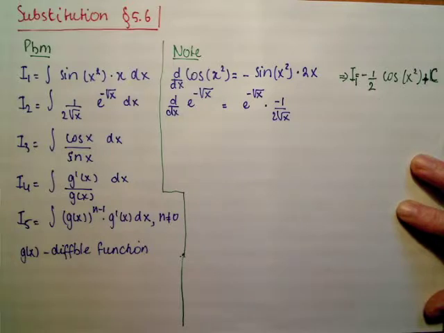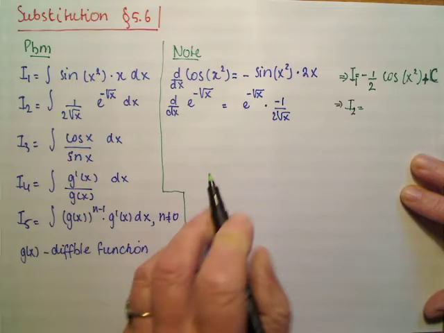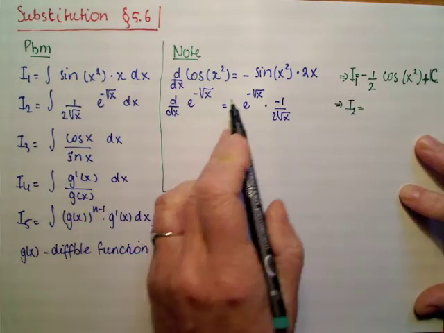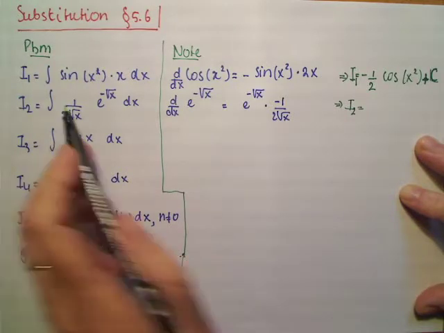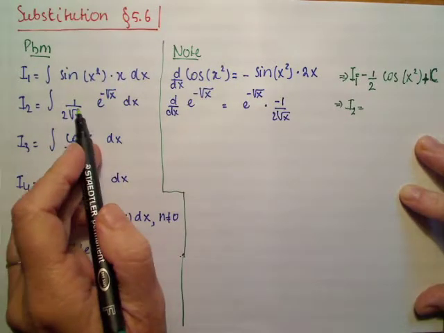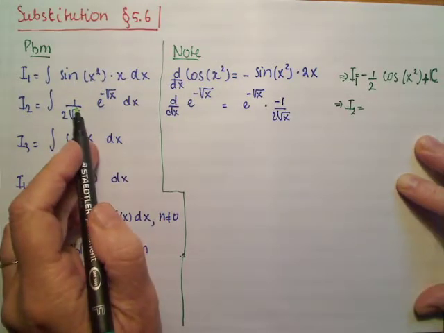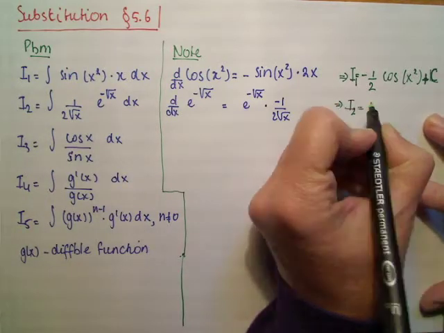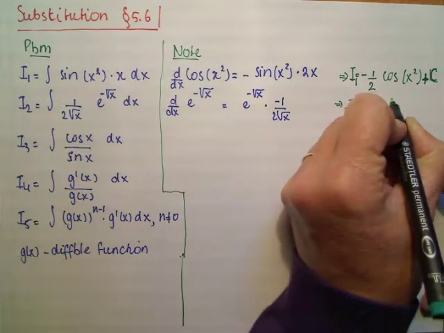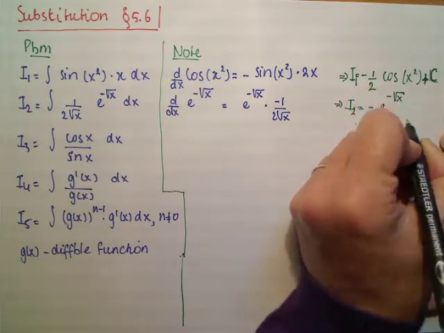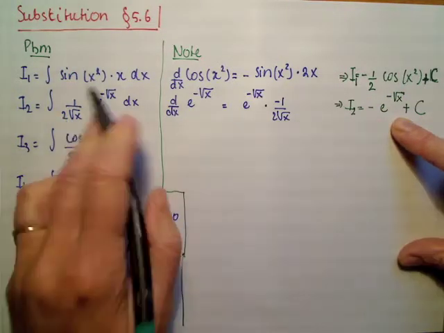And then again we can give the primitive very easily, because this derivative differs by a factor minus 1 from the function that we wish to integrate. So we have to compensate by multiplying by minus 1, and we get minus e to the minus square root of x as the primitive. And if we differentiate it again, we get precisely this function back.